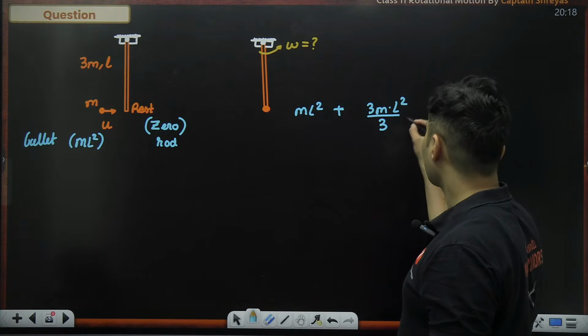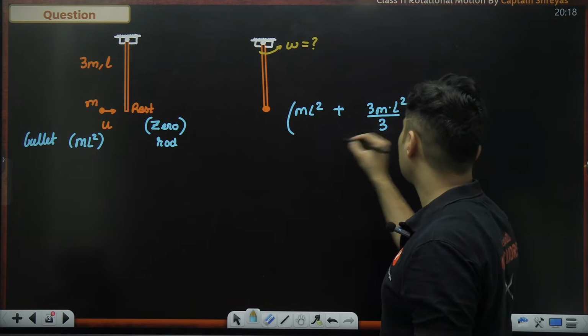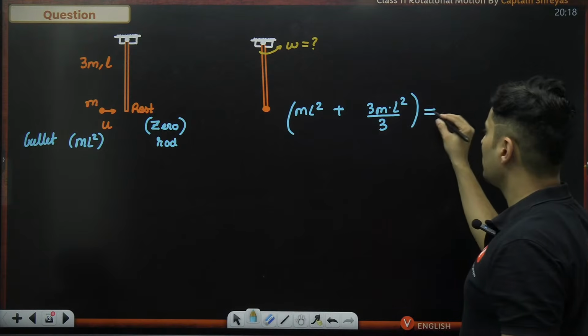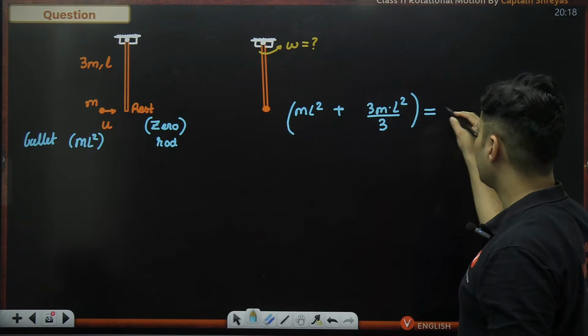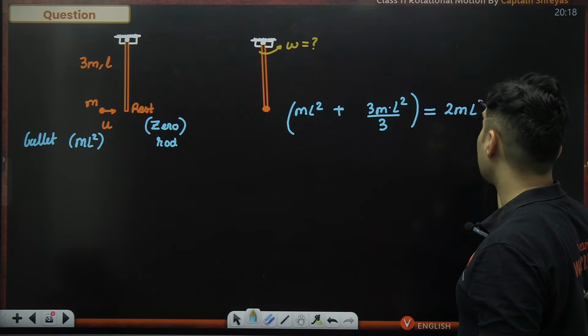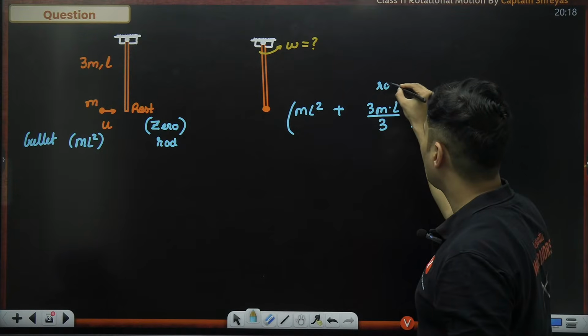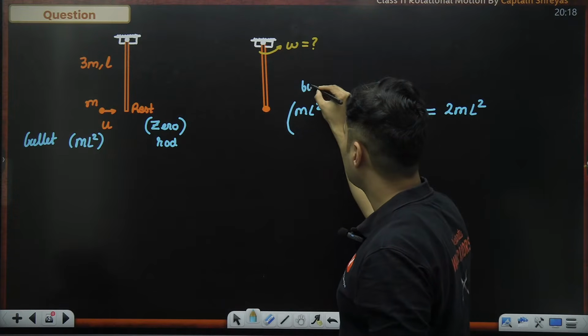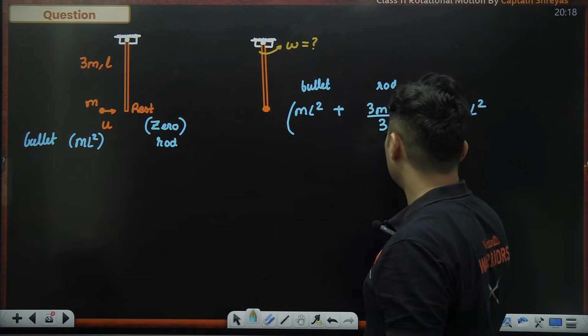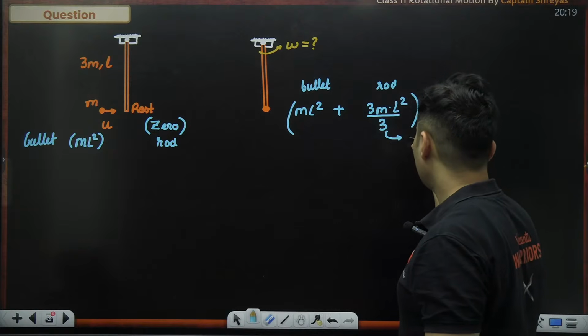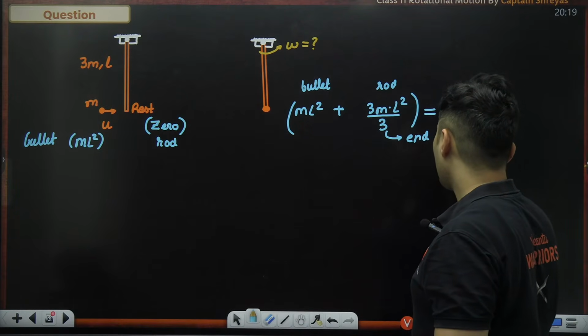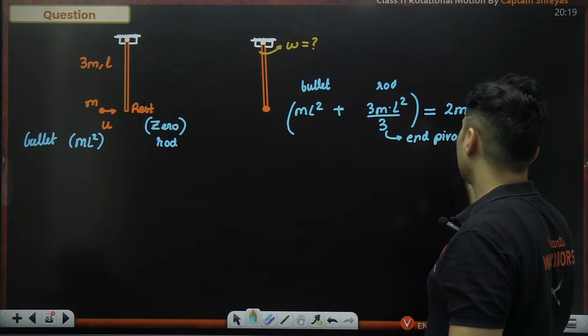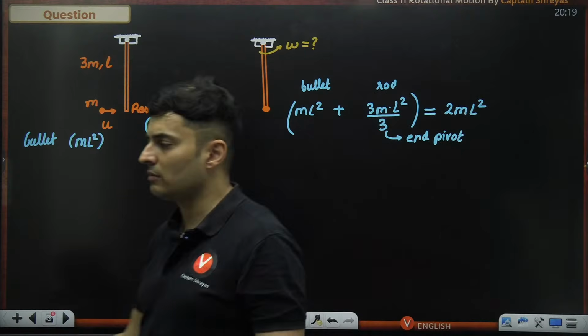So the 3 cancels, and it will become 2mL square. This number 3 is there because it is end pivoted, not at the center, and 3m is originally the mass of the rod.